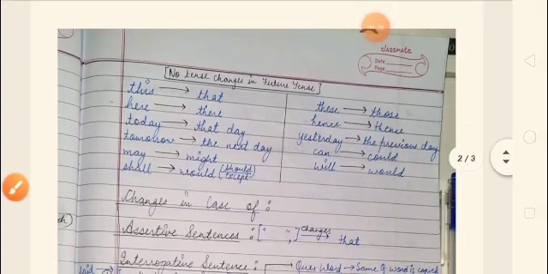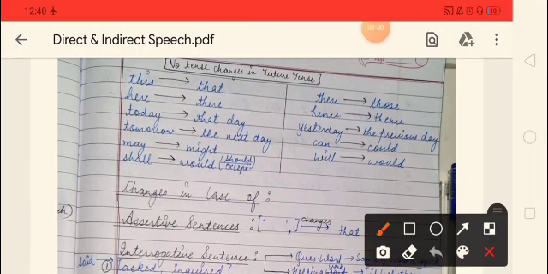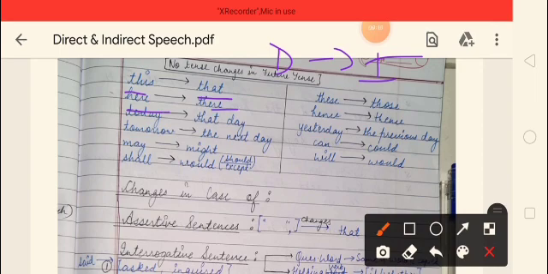Now, there are some words also which you have to change while transforming sentences from direct speech to indirect speech. What are the changes? This becomes that, these changes to those, here changes to there, today changes to that day, tomorrow changes to the next day, may changes to might, shall changes to would.